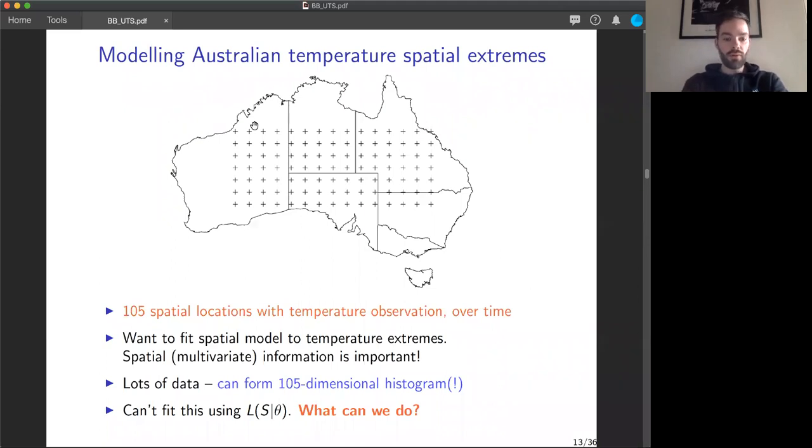So we have 105 locations through space, and you have different records over time. Here we would like to fit a max stable model to understand the dependence structure between extreme temperatures. So what can we do here? Can we use a 105-dimensional histogram and then estimate the parameters from there?